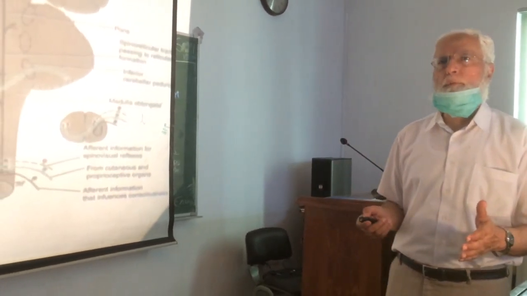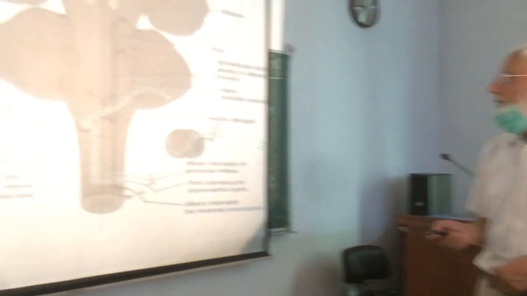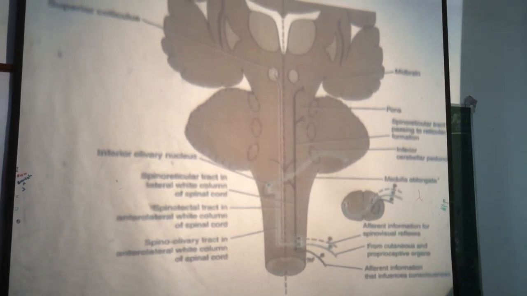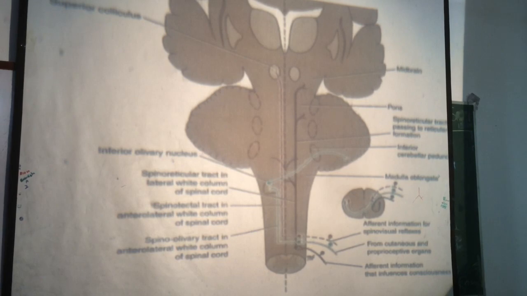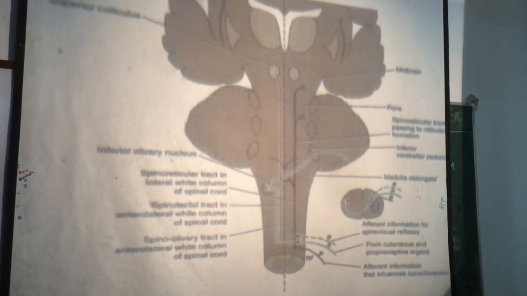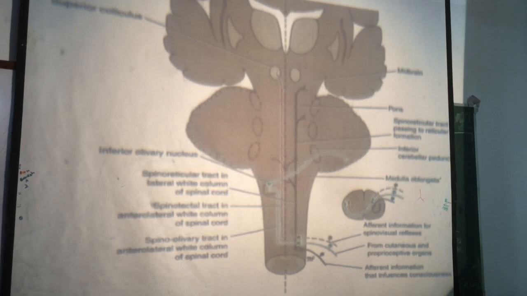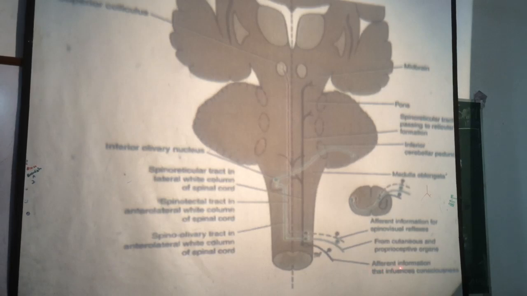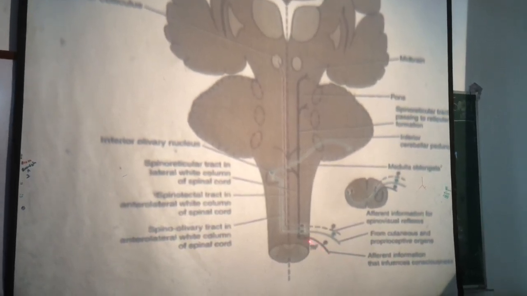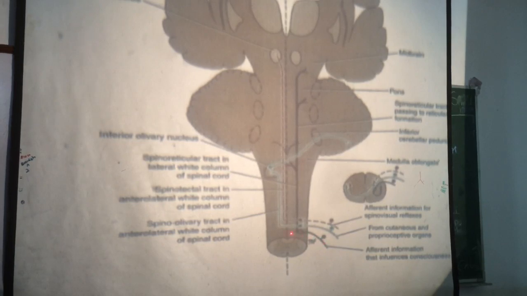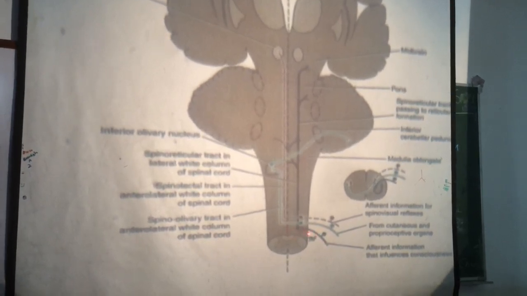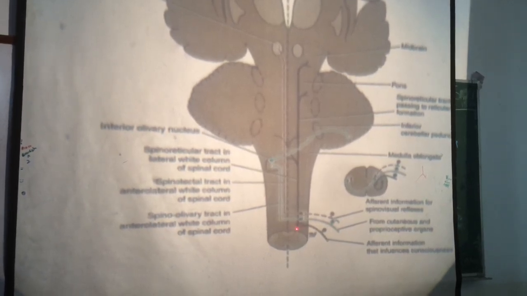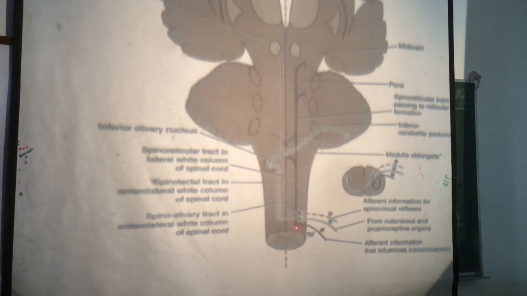Our next tract in this group is the spino-reticular tract. First order nerve fibers enter the spinal cord through the posterior nerve root. These synapse with second order neurons in the posterior column.